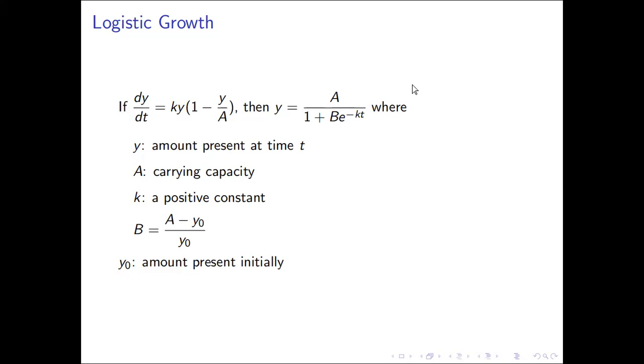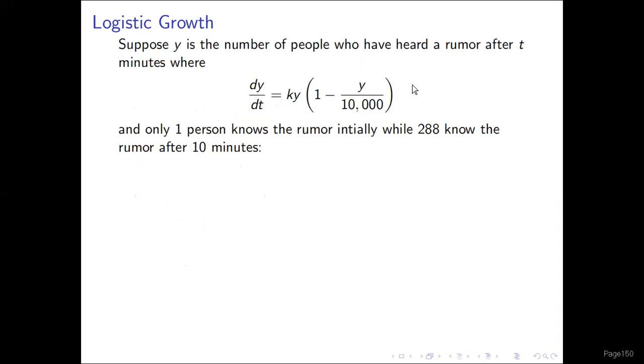So let's have an example. Let's read the problem. Suppose y is the number of people who have heard a rumor after t minutes, where y follows the differential equation dy/dt equals ky times the quantity 1 minus y over 10,000.